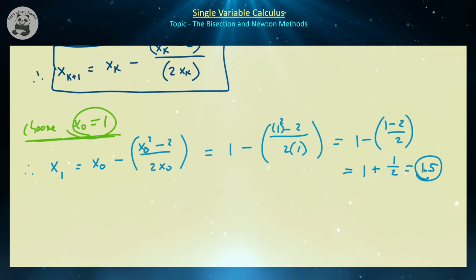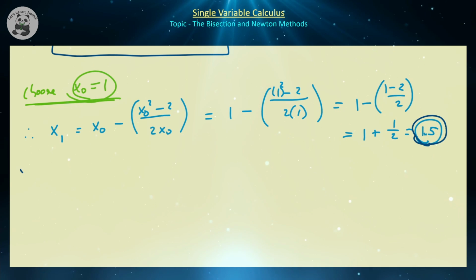So that's pretty nice. The square root of 2 is approximately equal to 1.5. That's what Newton's iteration method is saying here.